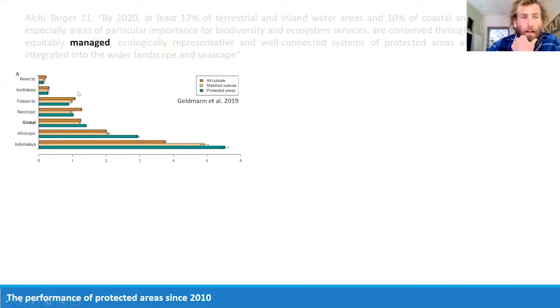The light brown areas, what you really want to concentrate on is a comparison between the green and the light brown. That's showing what human pressure is like on average in protected areas in these different regions, inside protected areas and matched regions that are biophysically similar but non-protected.